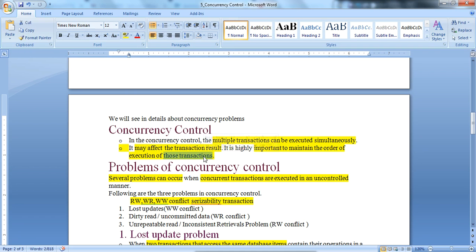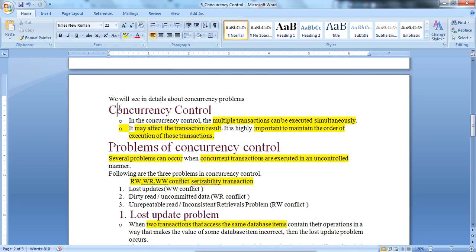Then we need to check the transaction flow, and then verify or control the concurrent schedule. In that scenario we need concurrency control, and in a later session we will learn how to control concurrent schedules if a particular concurrent schedule has a problem.